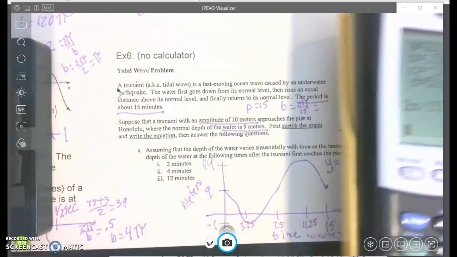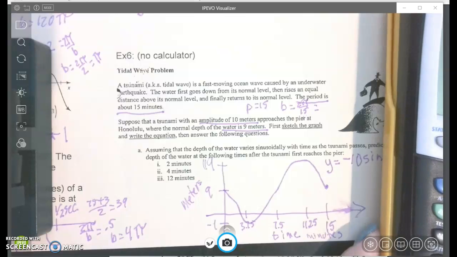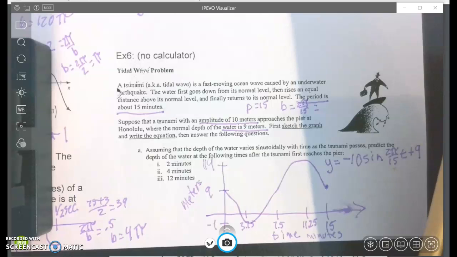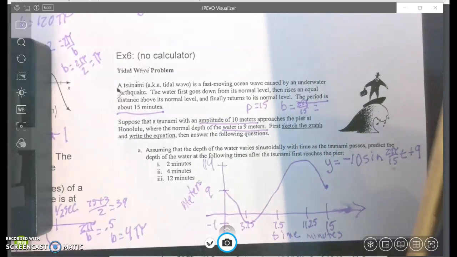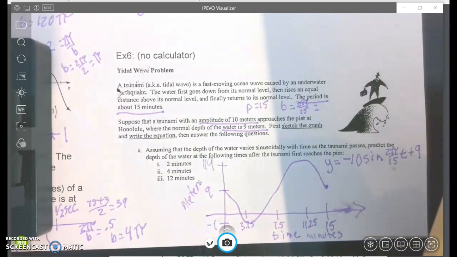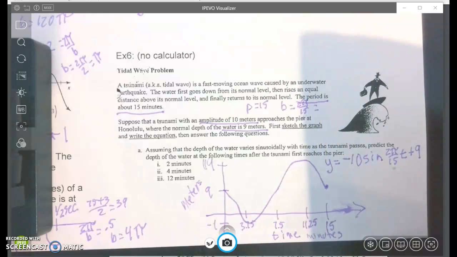Well, we just take our calculator and we put in a -10 sine of 2 pi divided by 15 t.